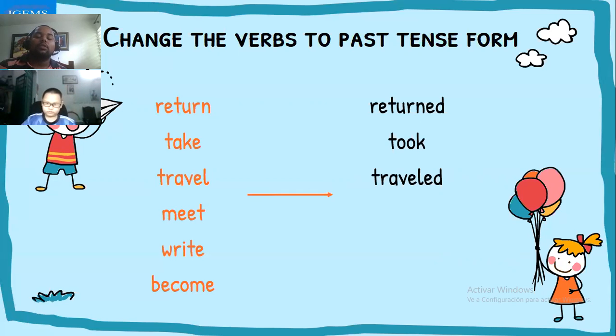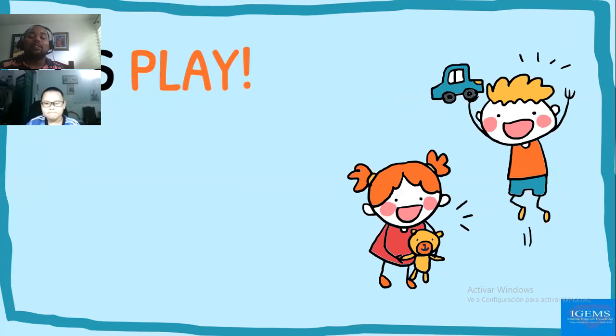Travel: traveled. Meet: met. Write: wrote. Become: became. That is correct.